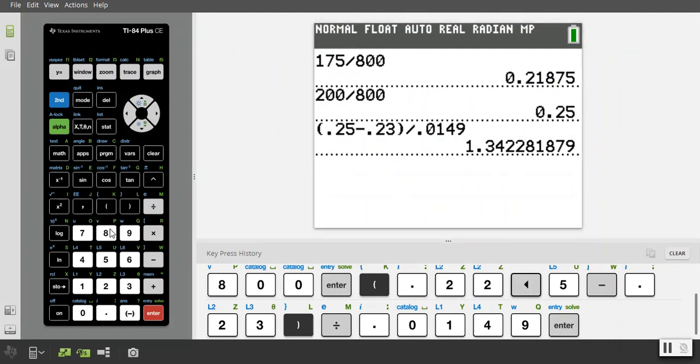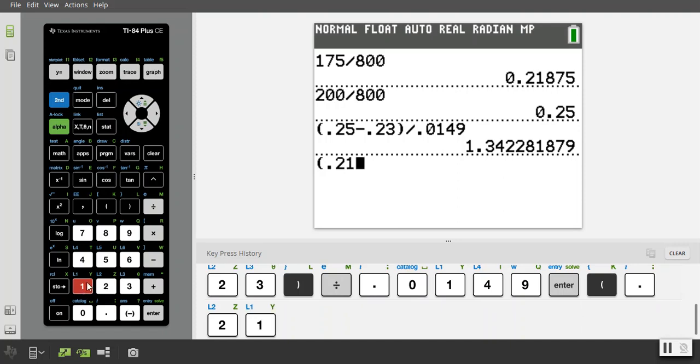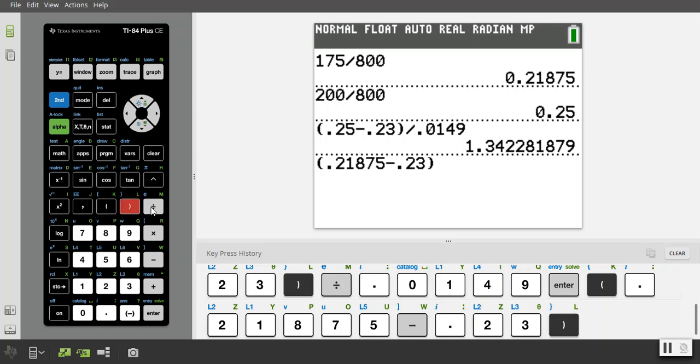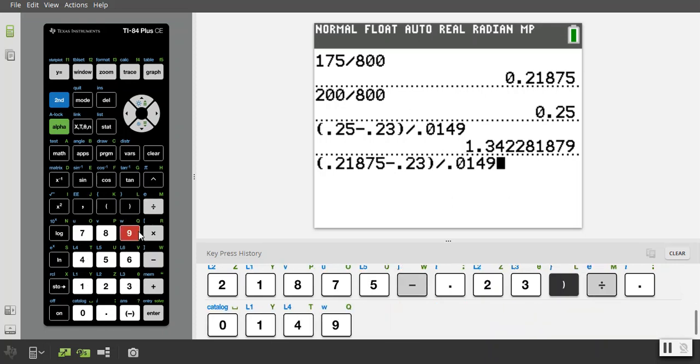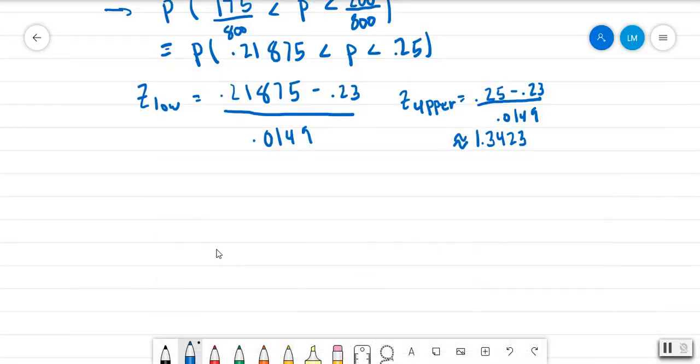The lower is given by, let's see, what did we say? 0.21875 minus 0.23, and then all of this is divided by the standard deviation of 0.0149. And when we hit enter, this is negative 0.7550. Okay, so that's not too bad.